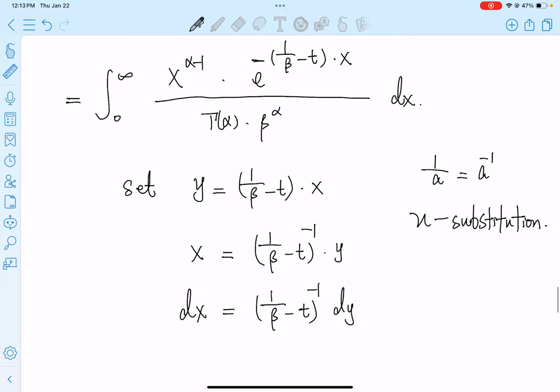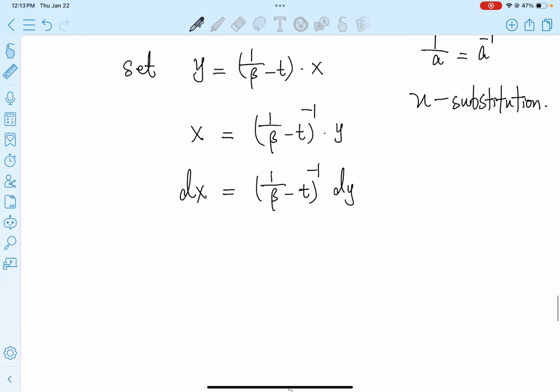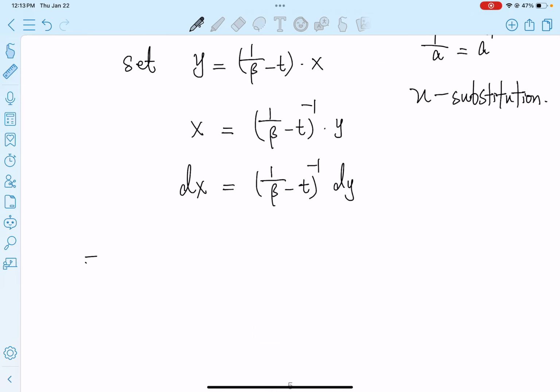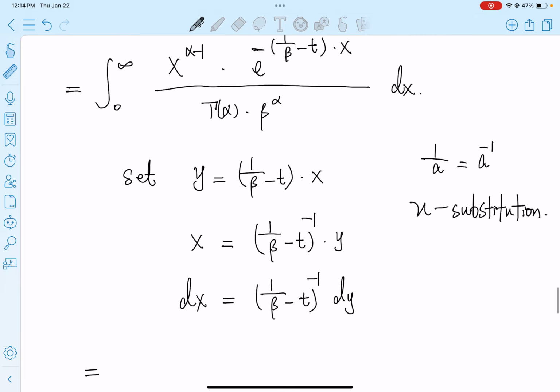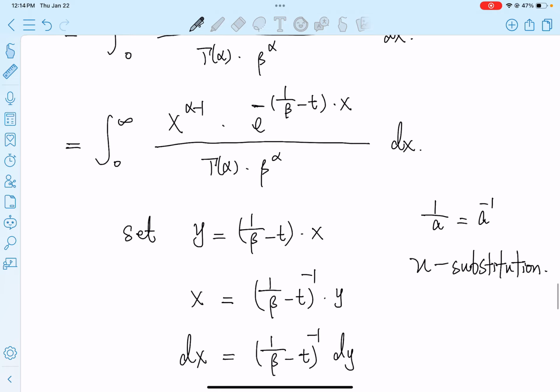Okay, so now we have the substitution part. Let's bring these into the integral. Continuing on the equal sign, we will have x raised to the power of alpha.